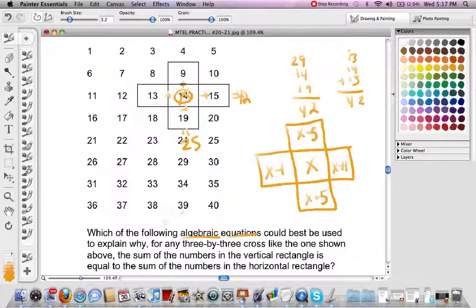Now, I could rewrite this as 13 plus 14 plus 15 equals 9 plus 14 plus 19. Or I could write it as an algebraic equation. The 13 is x minus 1.